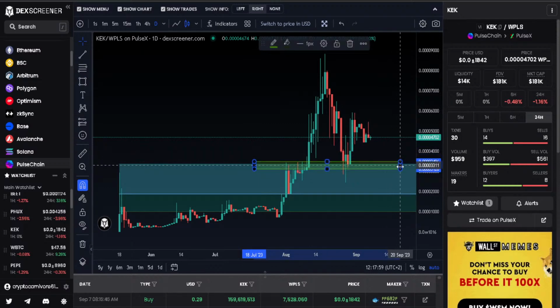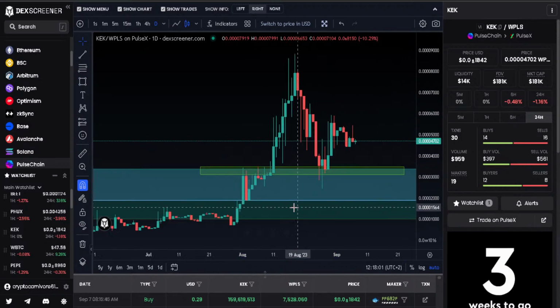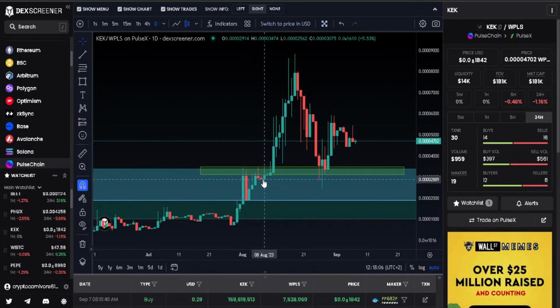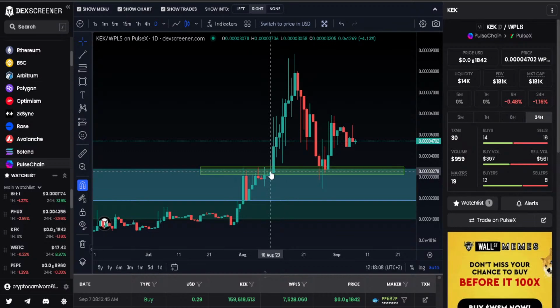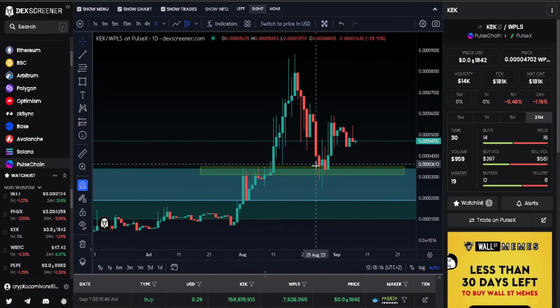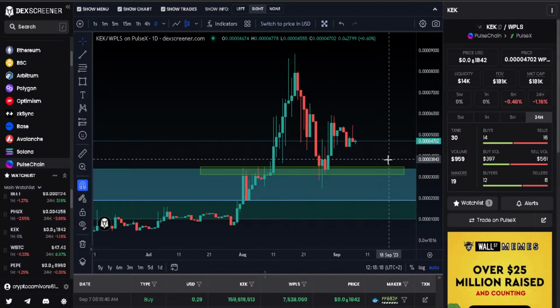You can see how much this area has acted as resistance once, twice, 3 times, 4 times, 5 times, then eventually breaking out. And you would expect these areas to hold the support. And we've wicked into it a few times and bounced off it again.